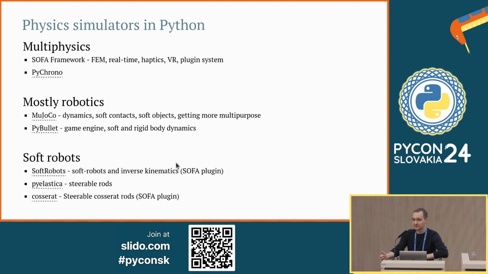If you are more interested in robotics, then don't hesitate to look into things like MuJoCo or PyBullet. Although MuJoCo was built with robotics in mind, PyBullet was built as a game engine. So the physics simulations are not necessarily the most accurate, but they're fast. And there are also some applications in soft robotics. Exactly like you saw the electrode array going inside of the cochlea, which bends. And that's an example of a soft robot, which you can steer and so on.